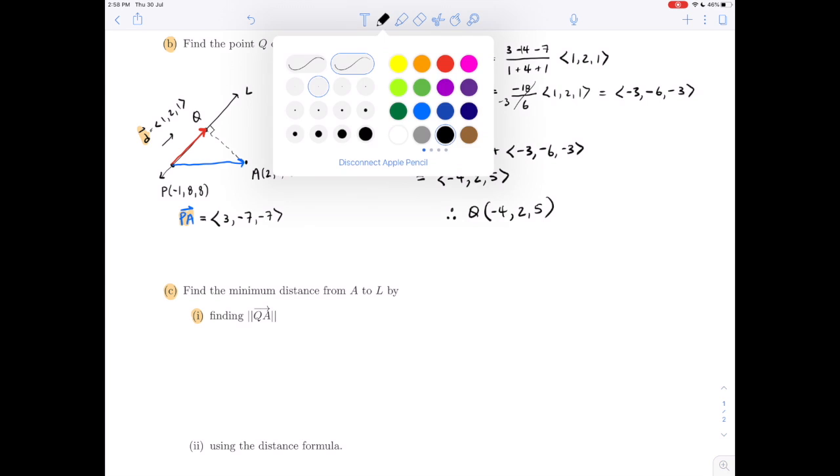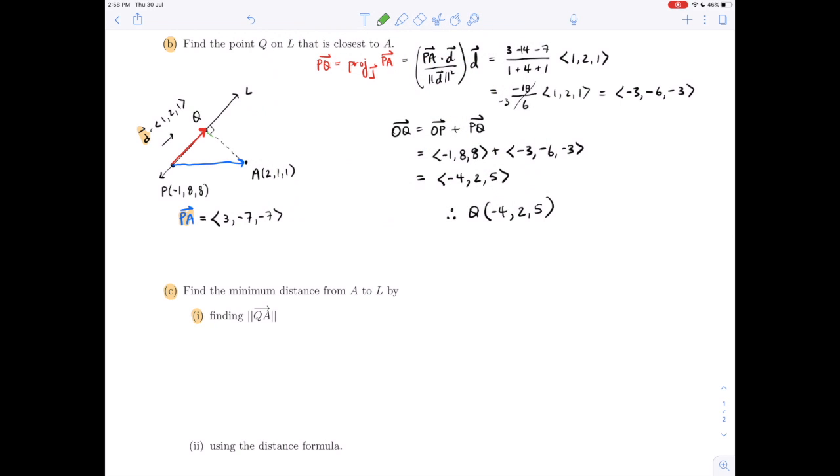That is the vector here from Q to A. So vector QA we'll calculate by subtracting the coordinates of A minus the coordinates of Q. And so I'm going to get 2 minus minus 4 is 6, and 1 minus 2 is minus 1, 1 minus 5 is minus 4.